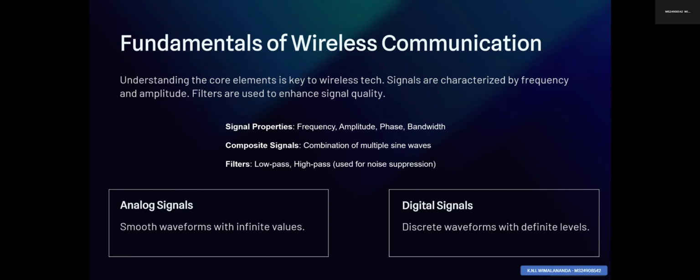Digital signals, on the other hand, are discrete waveforms with defined high and low states, represented as 1s and 0s. Digital signals offer greater resistance to noise and interference, which is why most modern communication systems use digital technology because it is more effective and reliable.